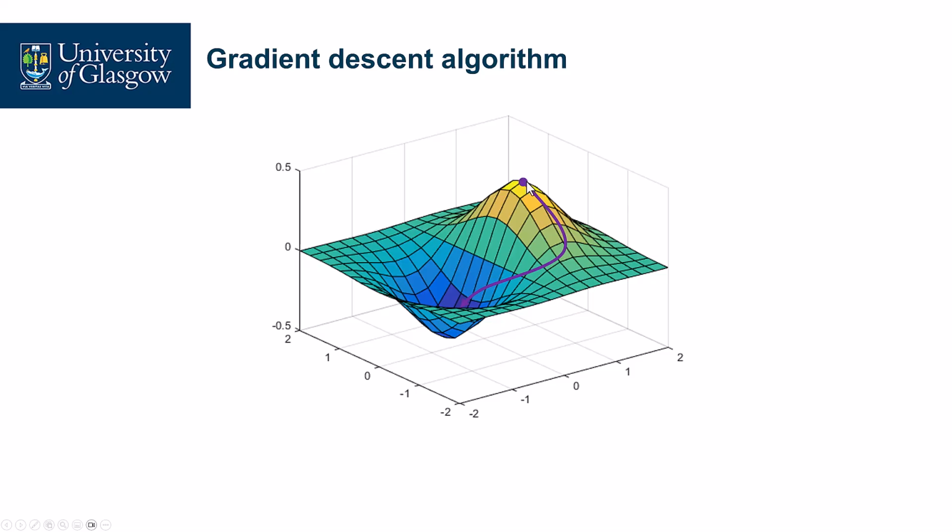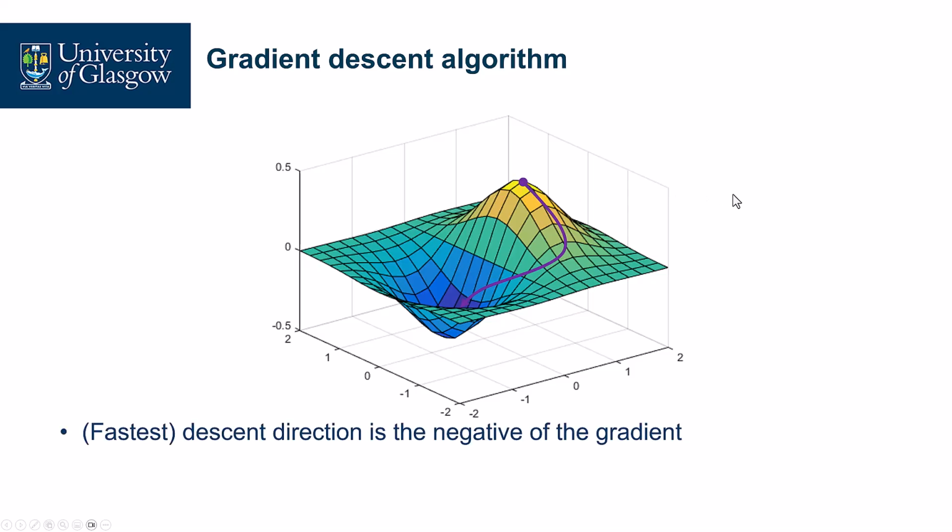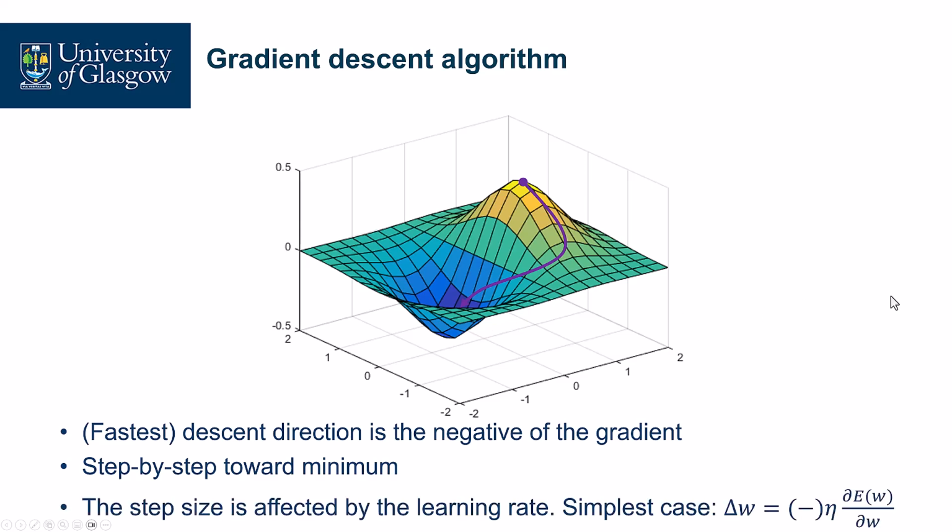For gradient descent, we can say that for each point, we have a gradient, right? The gradient is the fastest direction away from the minimum, and we use the negative direction of the gradient, and step by step, we go to the local minimum. The step size in machine learning we call the learning rate. So we can see the delta in each step: W is changed like this.